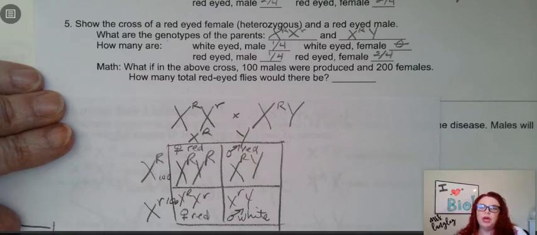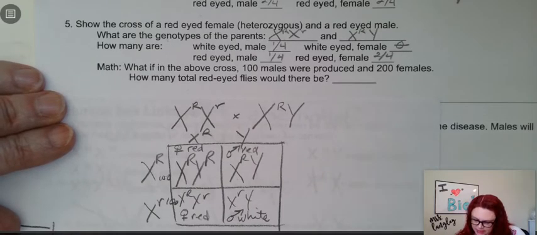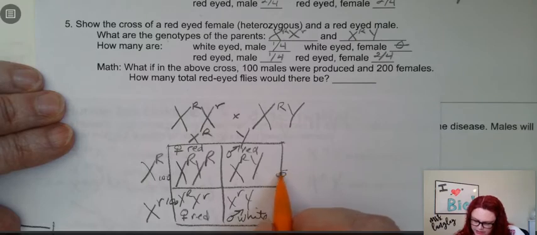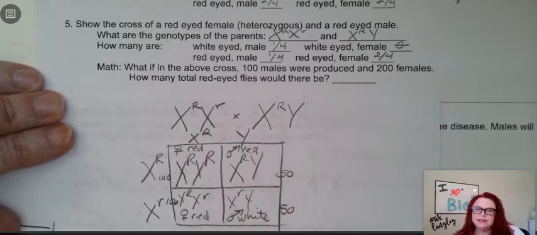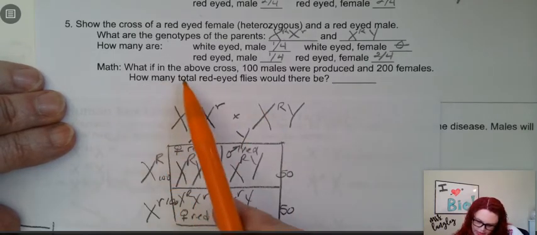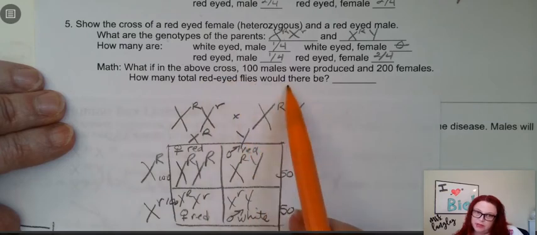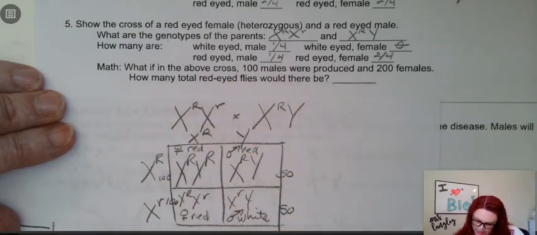If I had 100 males produced, I would expect that to be divided in these 2 boxes. So I'd get 50 like this and 50 like this. Okay, how many total red-eyed flies would there be? Well, that's this one, and this one. So 100, 200, and 50.